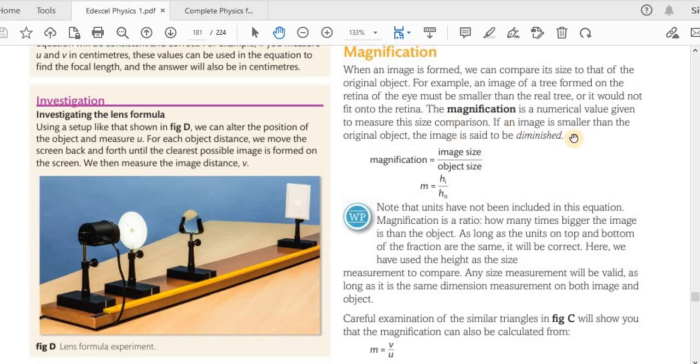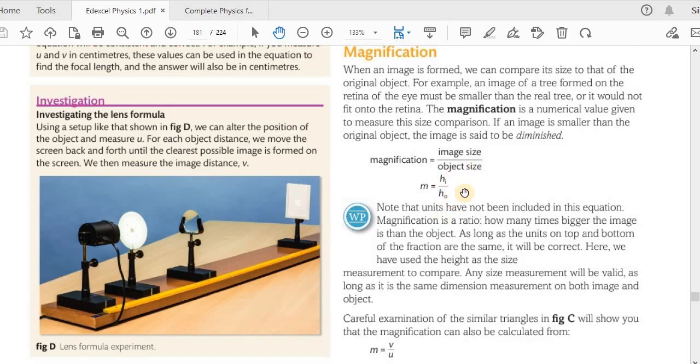If an image is smaller than the original object, the image is said to be diminished. If the image is larger, we say it is magnified. So magnification is equal to image size divided by object size. Now if the image size is greater than the object size, we get a number which is greater than 1.